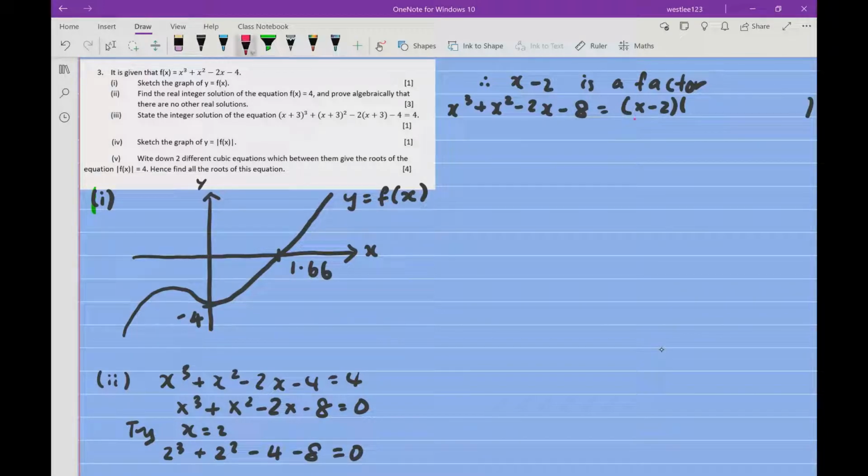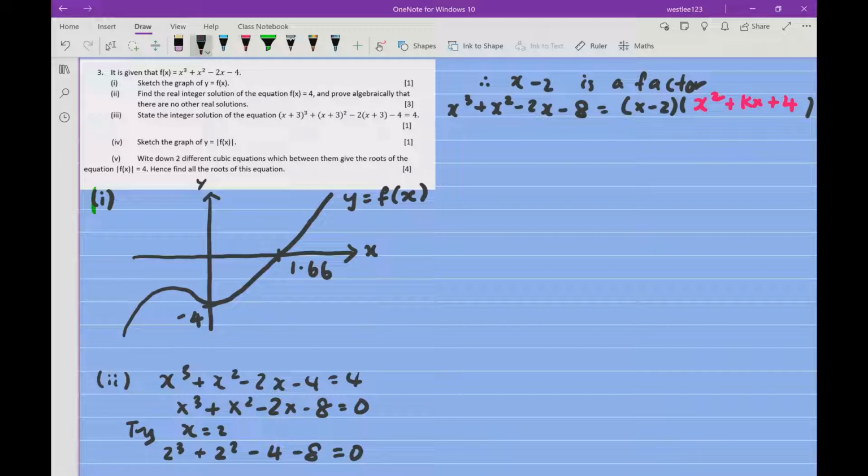A quick way: the first term times the first term should give me my first term, x cubed. So this is x squared. The last term, -2, times the last term should give me my last term, which is -8. So this is +4. So we have the x squared and the constant of the quadratic factor. The only thing we do not know is the kx, so let it be kx.